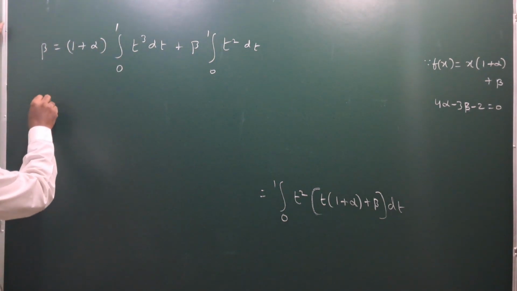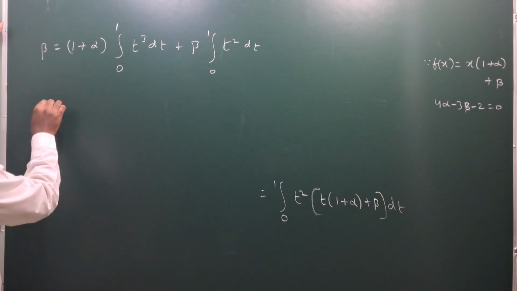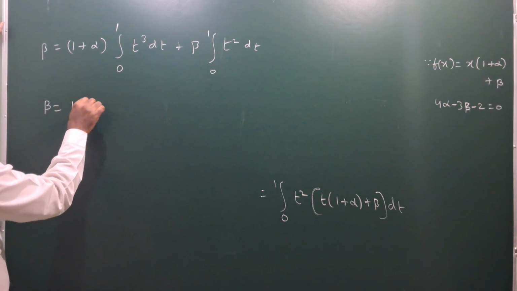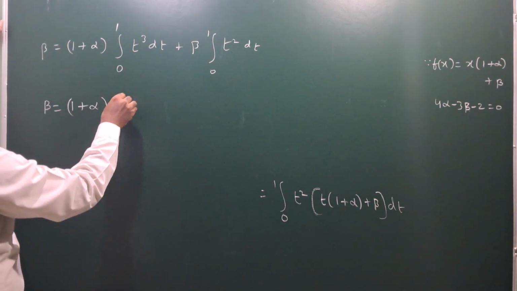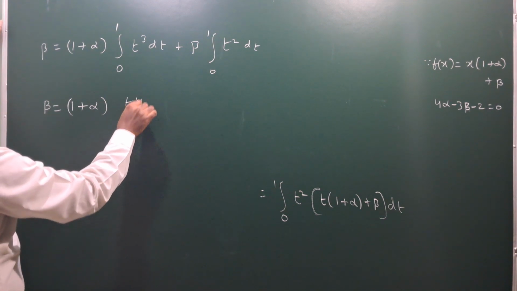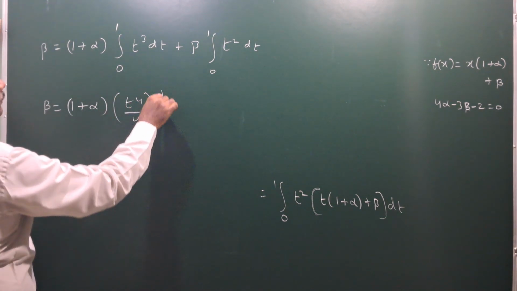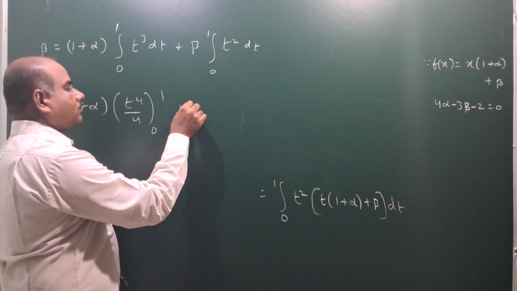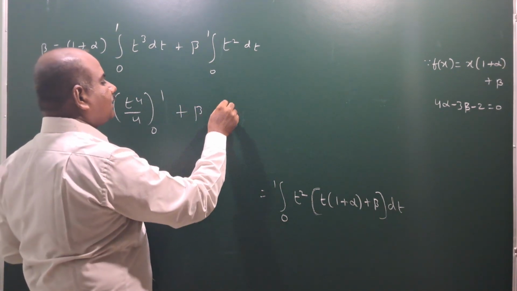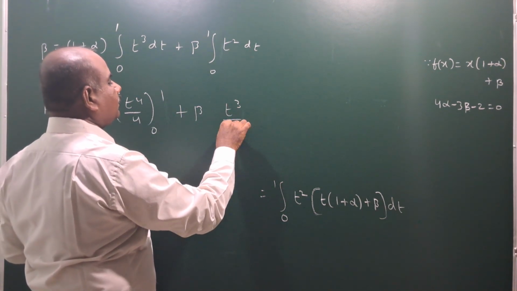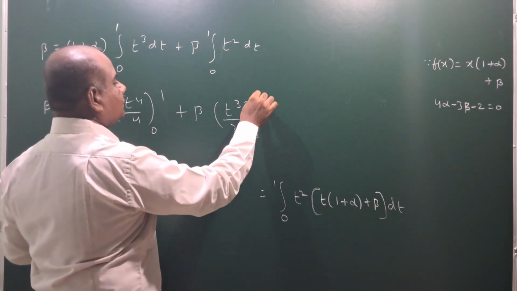So beta is equal to 1 plus alpha into integral t cube, which means t power 4 by 4, limits are 0 to 1, plus beta into integral t square, which means t cube by 3, limits are 0 to 1.